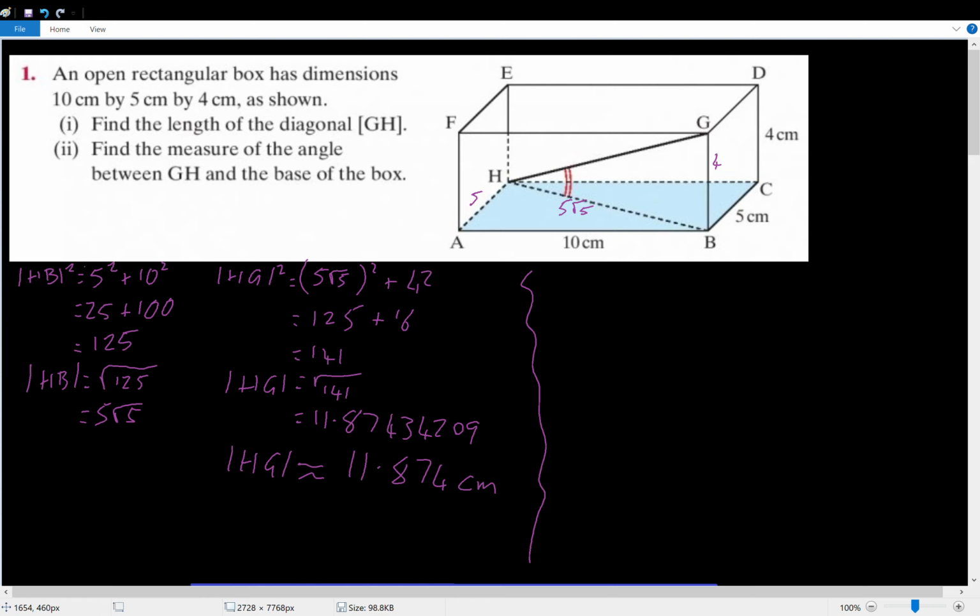So for example, the tan of H is going to be equal to 4 over 5 root 5, because it is the opposite over the adjacent, which means that if we wanted to get H by itself, that's going to be equal to tan inverse of 4 over 5 root 5.